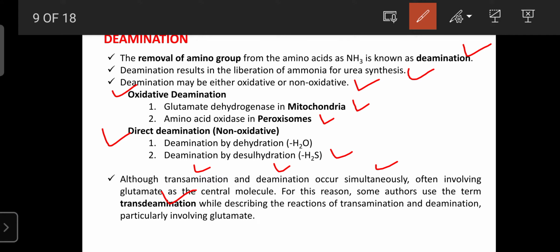It indicates that both reactions occur simultaneously. That's why these are known as transdeamination reactions.